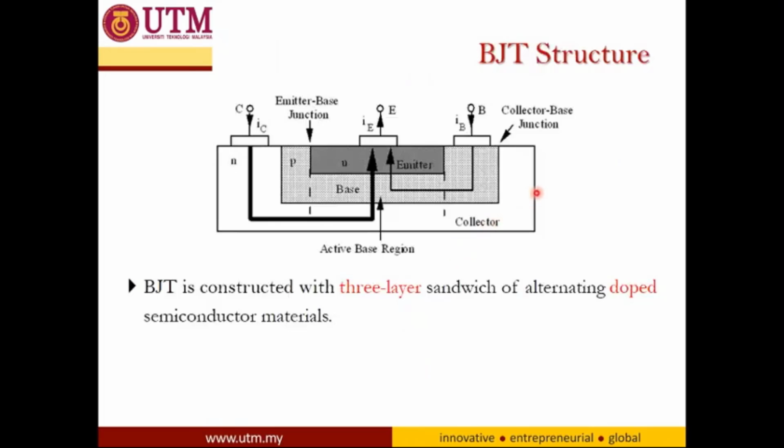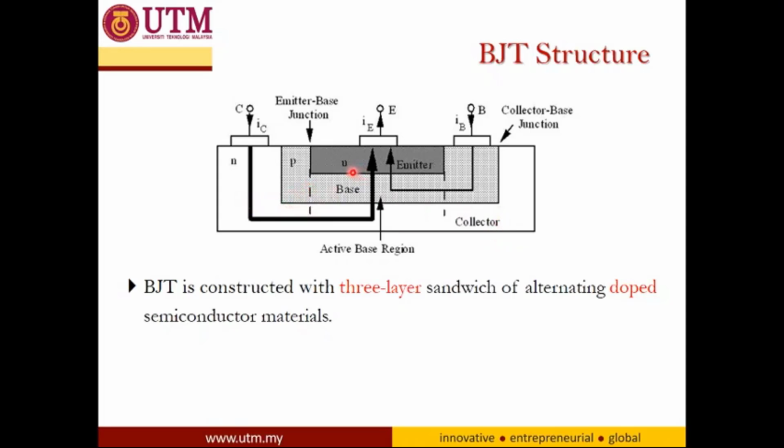Okay, this is the structure of a BJT. In general, most BJTs are made of silicon, and they use the PN junction, so it's similar to the operation of the diode. But instead of the diode, where we have one layer of P type and another layer of N type, for BJT we have three layers.